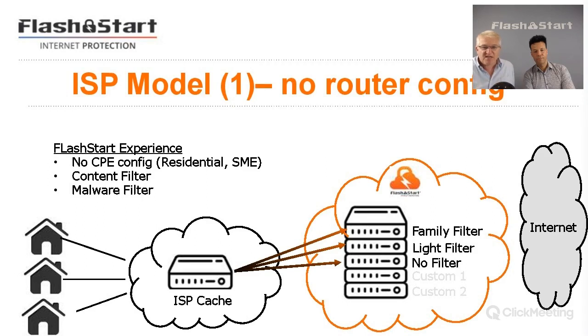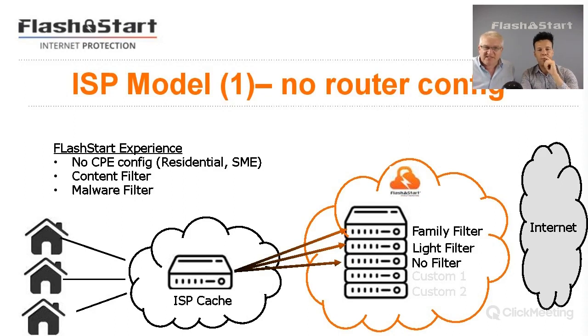But here's an example of deployment of FlashStart without any configuration of the router. You get a cut-down experience, getting content filter and malware filter that is dictated by the ISP's choices. Maybe they have a family filter, a light filter, no filter, an adult filter, whatever it is. And this works as follows.